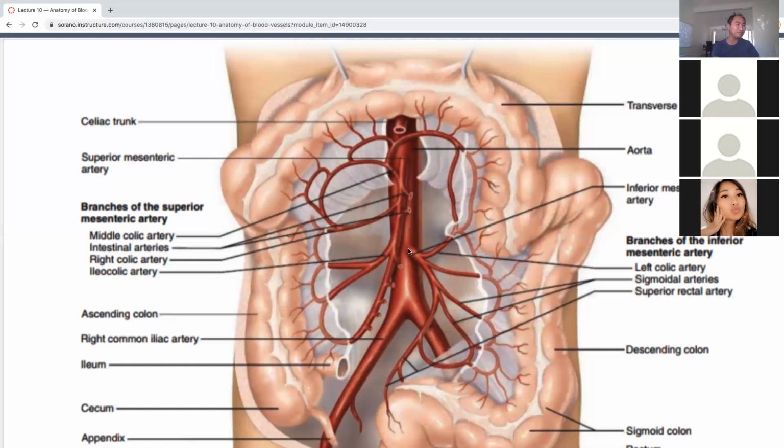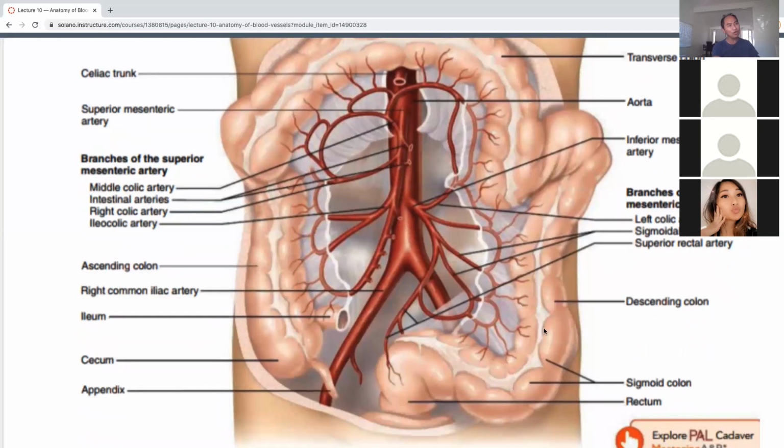And look at the inferior mesenteric here. It comes out just before the aorta divides into the right common iliac and left common iliac. It gives blood supply to the lower part of the large colon, like the sigmoid colon, descending colon, and left 1/3 of the transverse colon. Look at that, it is very beautifully arranged: celiac trunk, superior mesenteric, and inferior mesenteric.